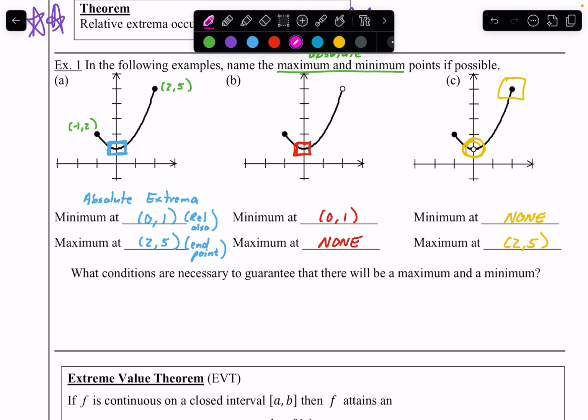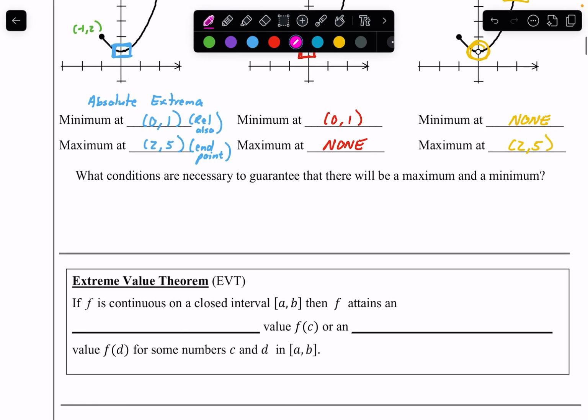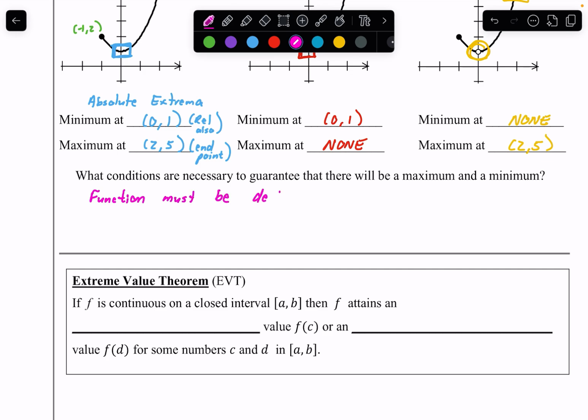If the function is not on a closed interval, then we're not guaranteed to have a maximum and a minimum. We might, but we're not guaranteed that. So we're going to say function must be defined on a closed interval. We're going to circle that word guarantee. Defined on a closed interval.